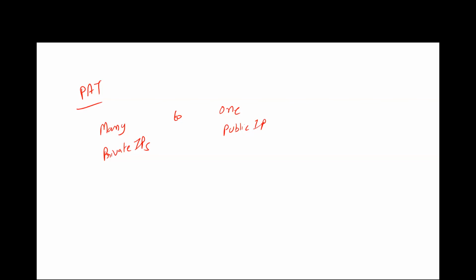So will that be much easy if it is only one public IP that we need for the translation? So instead of requesting your ISP and using multiple public IP addresses, if it is only one public IP that is needed, right, it will be much simple for us.